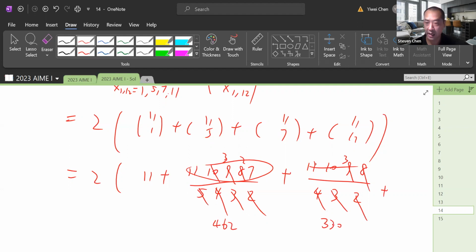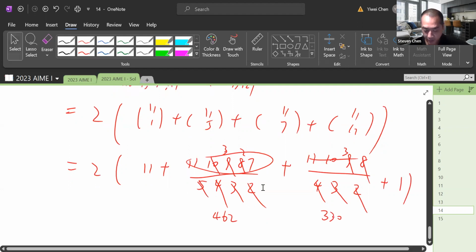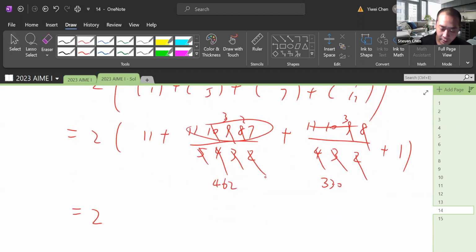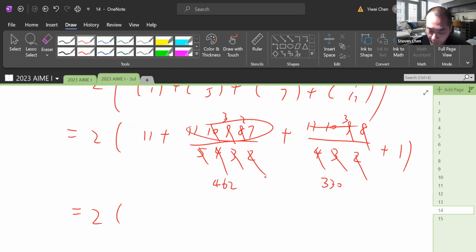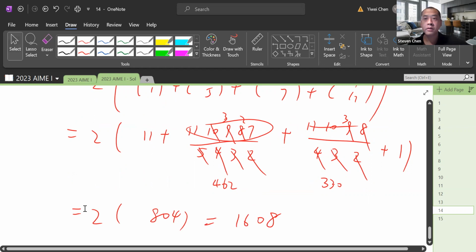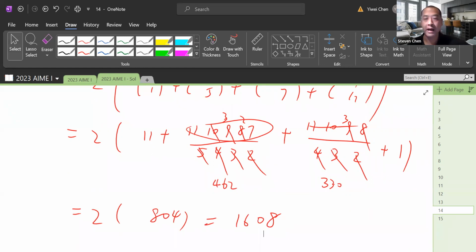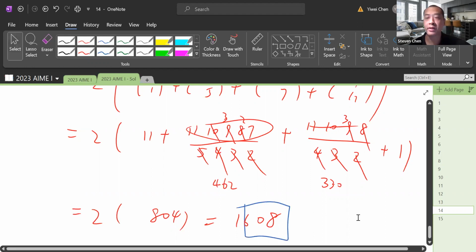The last one, 11 choose 11, is 1. Okay, let's see what we get. So this is the answer. And this problem asks us to report the last 3 digits. So the answer is 608.